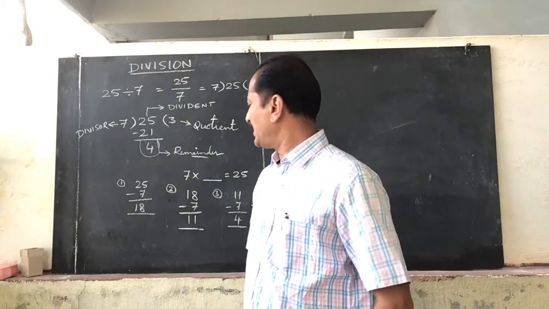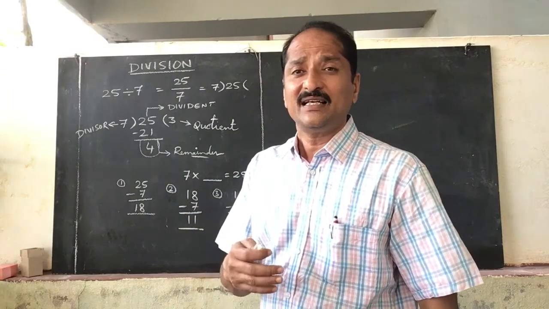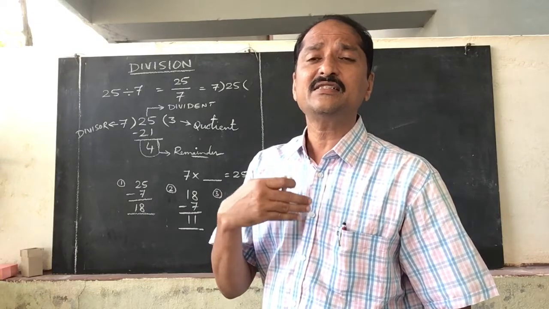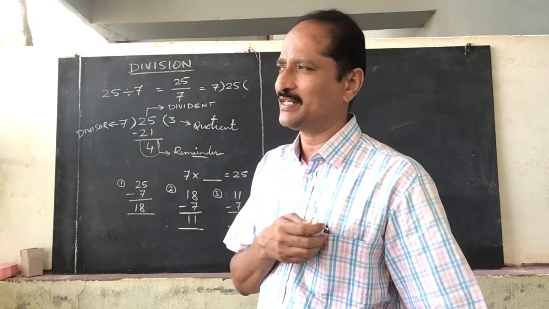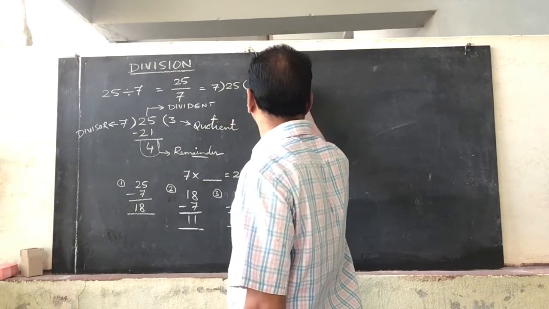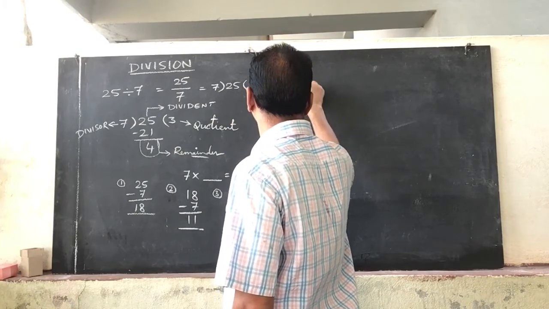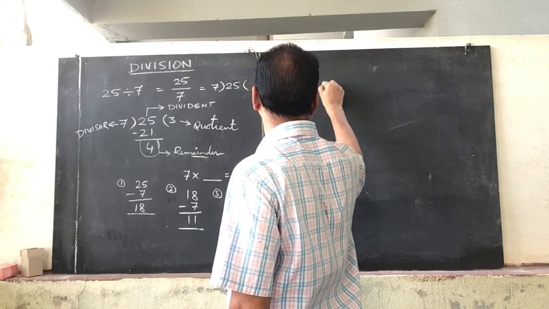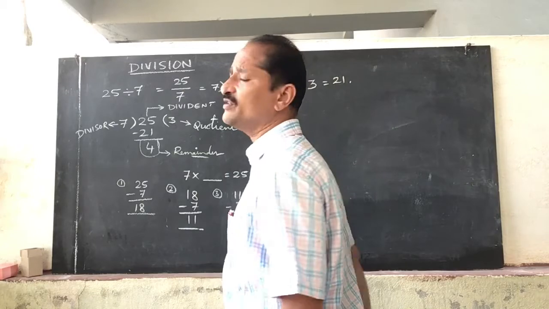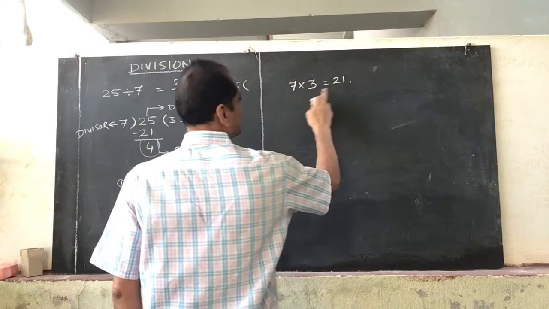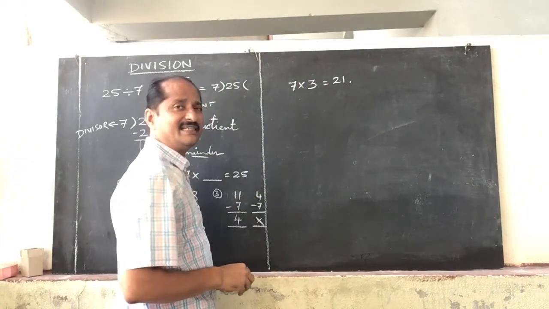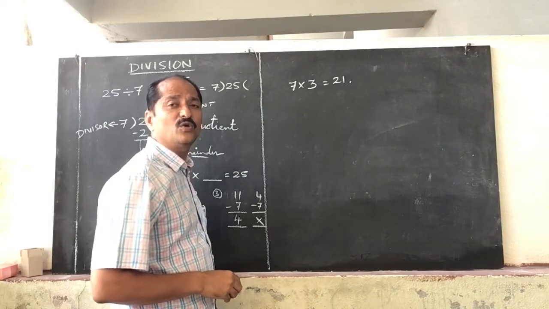Division is the inverse process of multiplication, we are saying. That means check here, for example, 7 threes are 21. In this there are two division facts.